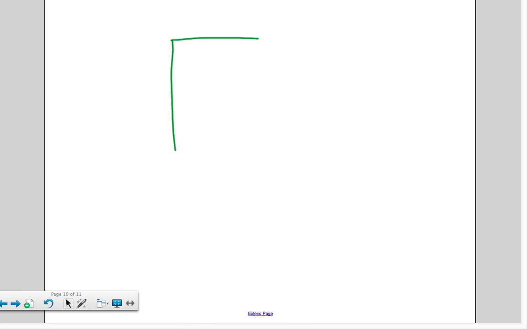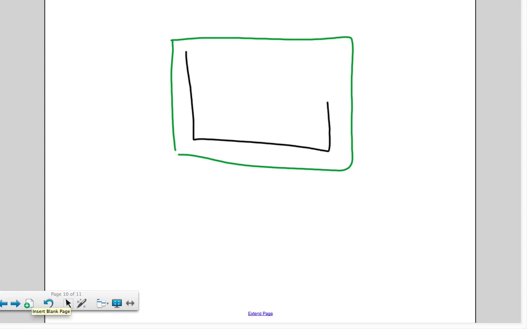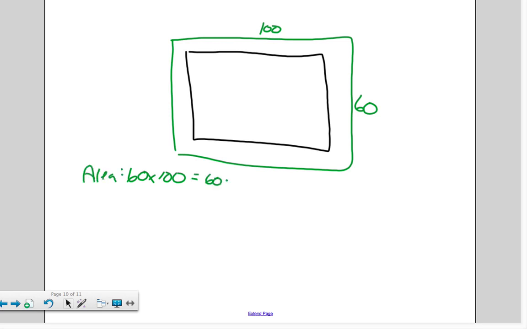This is your original park, right? So we want to build a path inside. We don't know what the width of the path is, right? First of all, this is 100, and this is 60, the outside rectangle. 60 times 100 is 6,000.